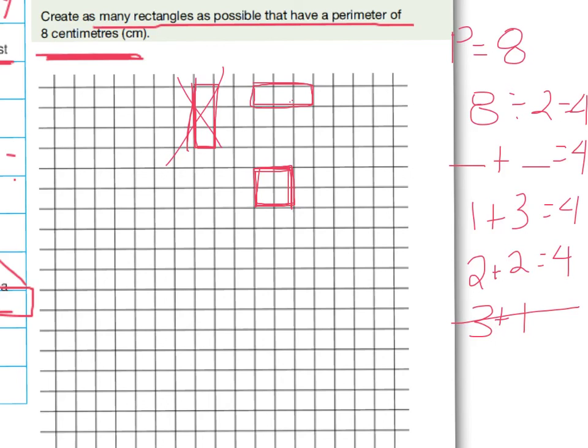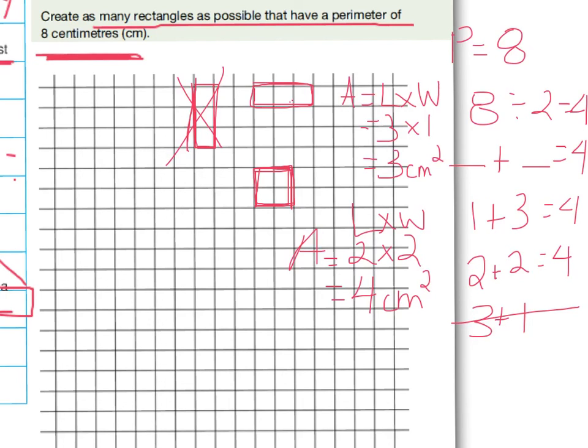Now you are asked to find the area of each. Okay, so the area here is going to be length times width. What is my length? My length is 3 times 1 is 3. So 3 centimeters squared. My area for this one, 2 times 2, length times width, area of 4 centimeters squared.